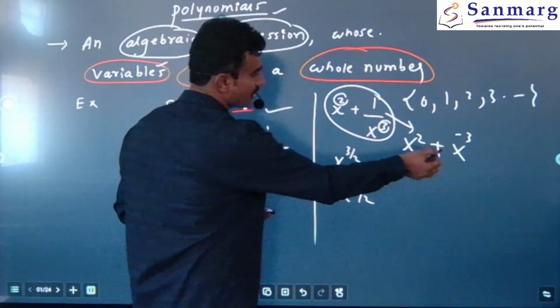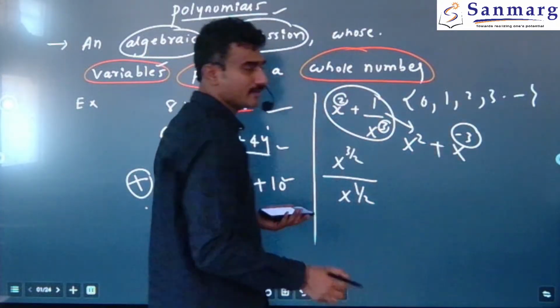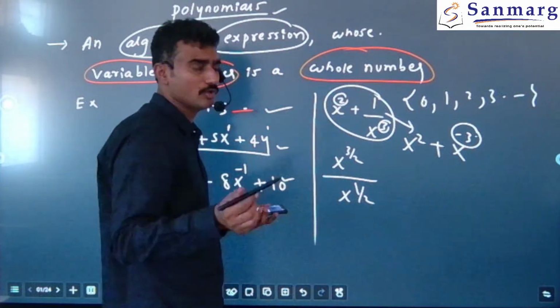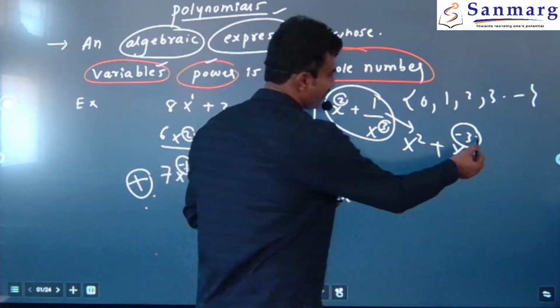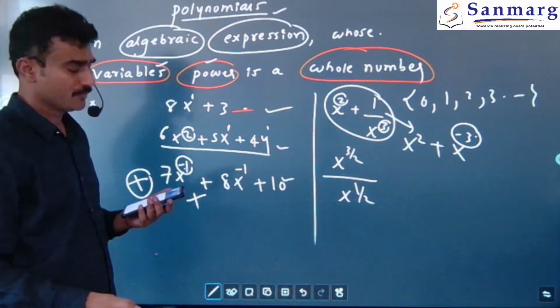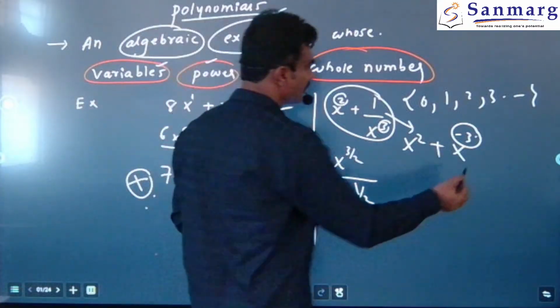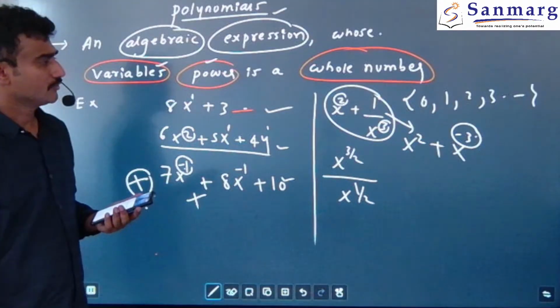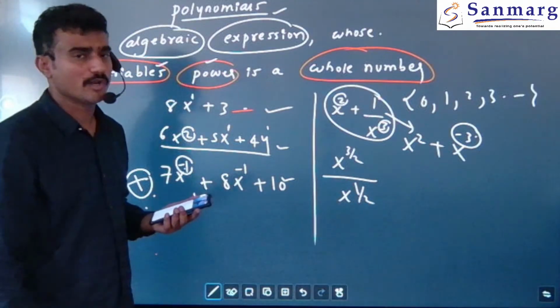The number minus 3 is not a whole number. Therefore this algebraic expression, x raised to 2 plus 1 upon x raised to 3, is not a polynomial.